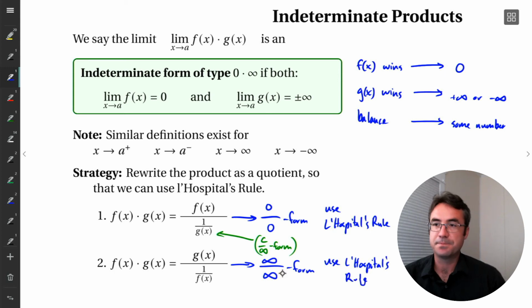So in each of these, we're kind of converting this indeterminate product of 0 times infinity into one of our good indeterminate quotients that allow us then to go on and use L'Hopital's rule. And just a reminder here, this 1 over f of x form is a c over 0 form. That's why we're getting it's infinite.